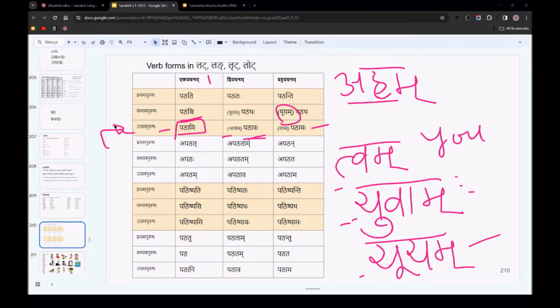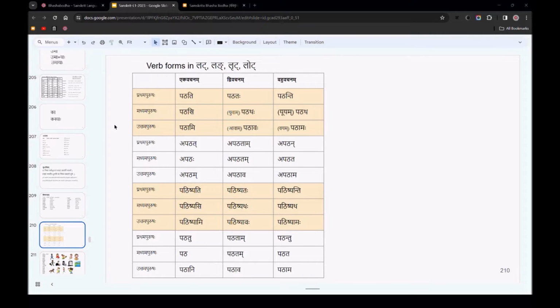Or generally we will say uttama purusha, this line, these forms are used when the word is aham, avam, or vayam. Then similarly, when the word is tvam, yuvam, or yuyam, the madhyama purusha forms are used.